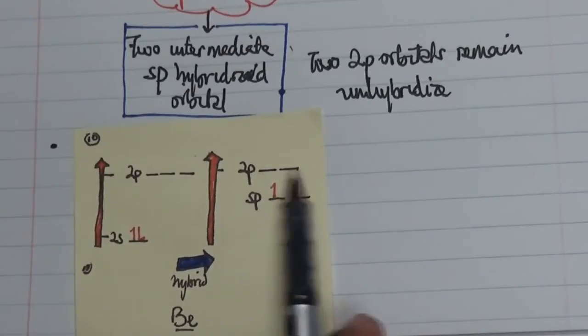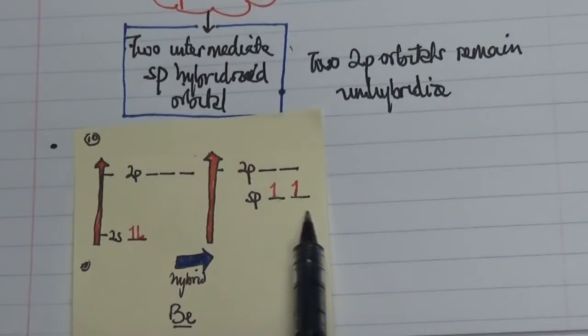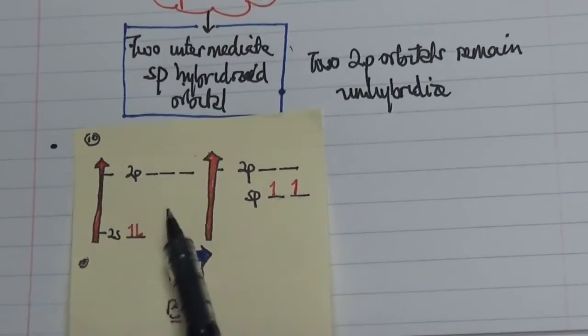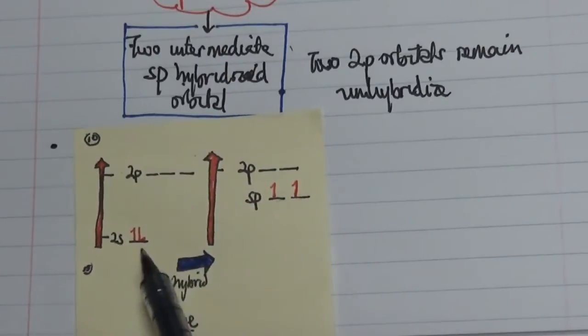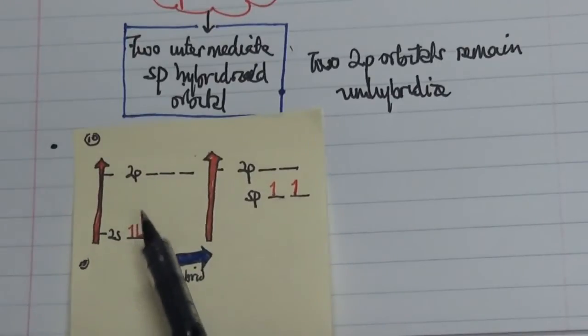So you note here that the unhybridized orbitals will remain at a higher energy level compared to the hybridized orbitals, which are in the intermediate state between the 2s orbital and the 2p orbital.